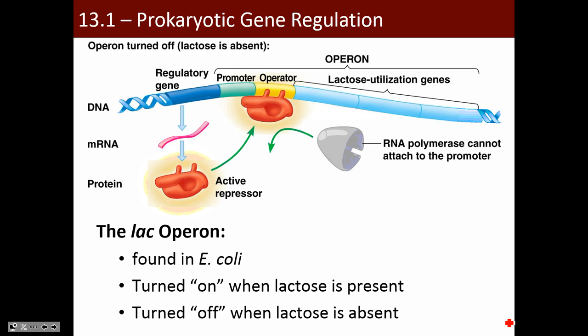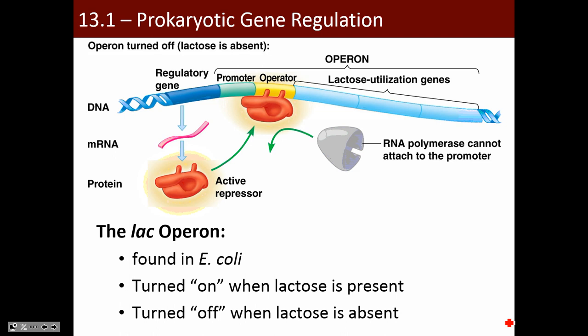Normally, because E. coli would really rather not eat lactose, they want to just gulp down sugar if they can, their lac operon is by default in the off position. It's going to be blocked. They're not making any lactose utilization genes until they haven't had a meal in a while, and you drink a glass of milk and they're like, okay, I'm hungry, I guess I'm going to have to eat this milk, and they turn on the lactose utilization genes.